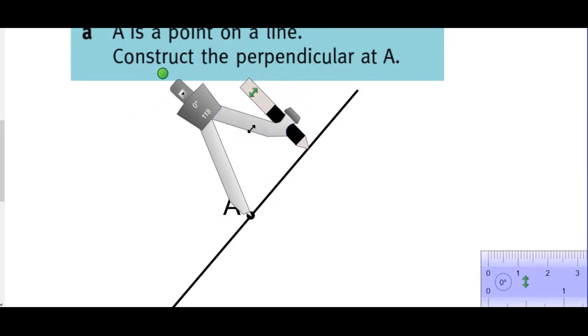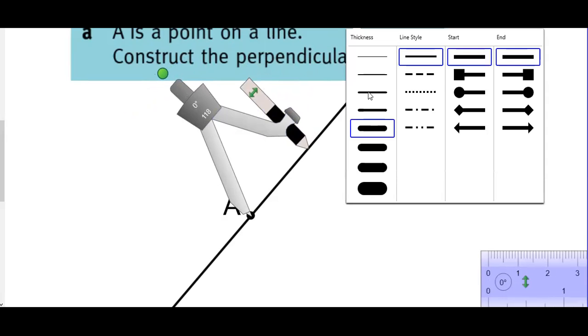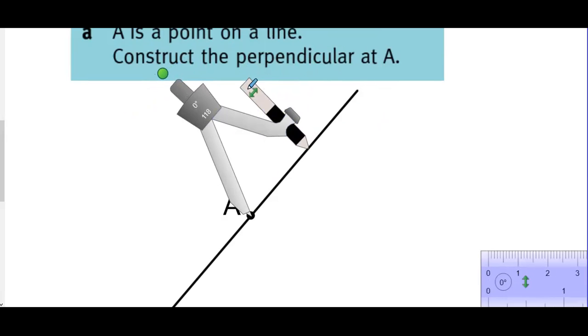Okay, so let me open this compass to this radius. Now I'm going to draw what we call arcs. How do we construct these arcs? Simple.